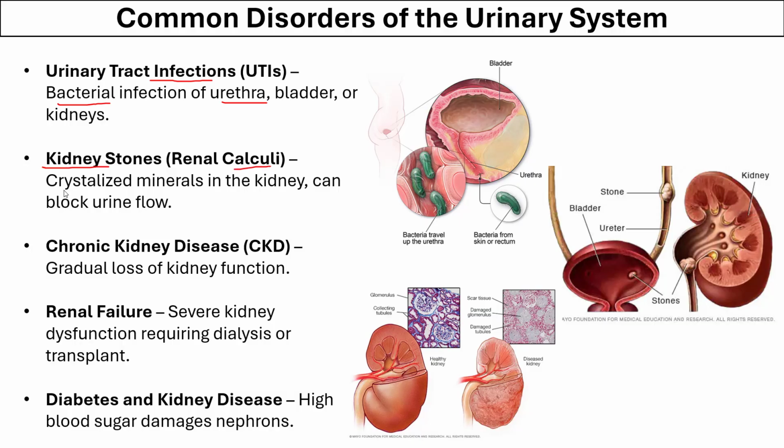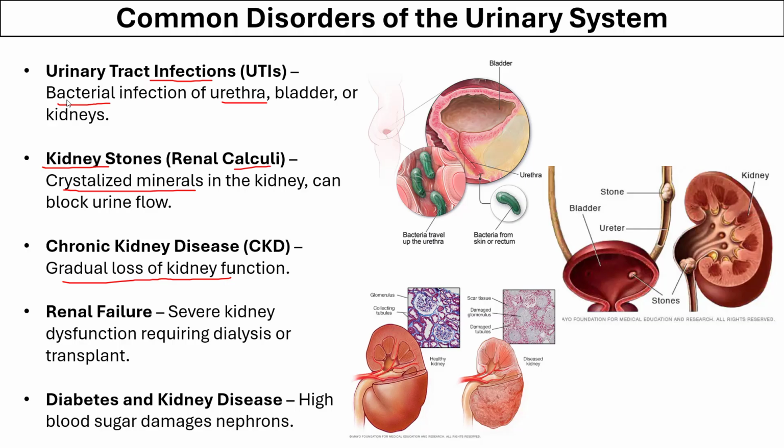In this condition, there are crystallized minerals present in the kidney that prevent the flow of urine. Chronic kidney disorder is related to a gradual loss in kidney function. Renal failure is associated with a severe dysfunction of the kidney that may require dialysis or even a kidney transplant.